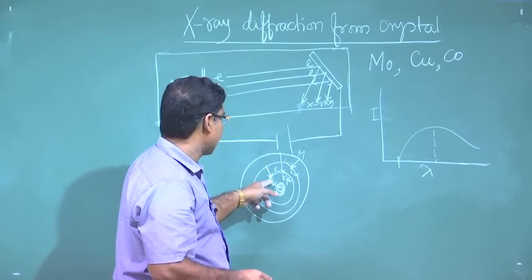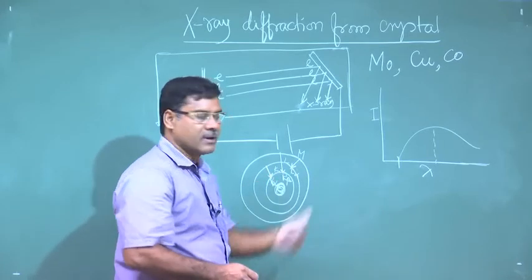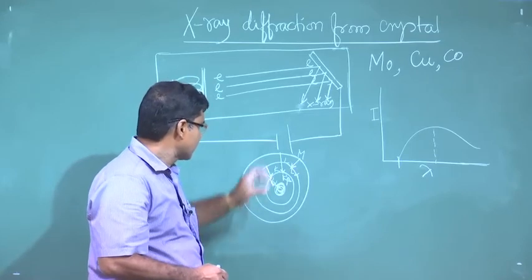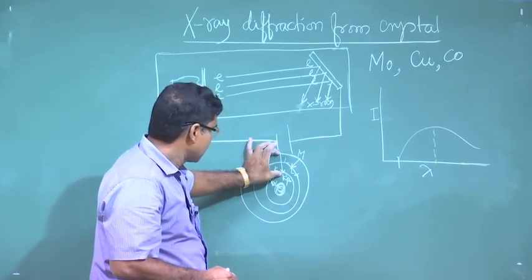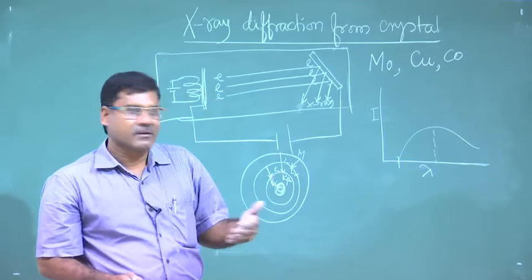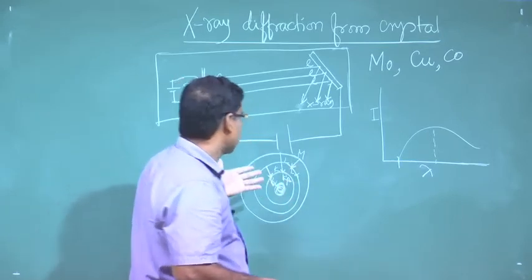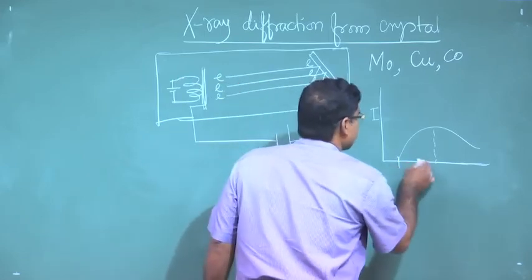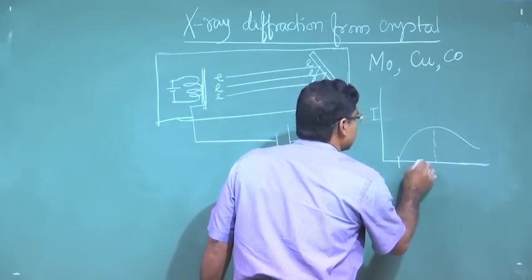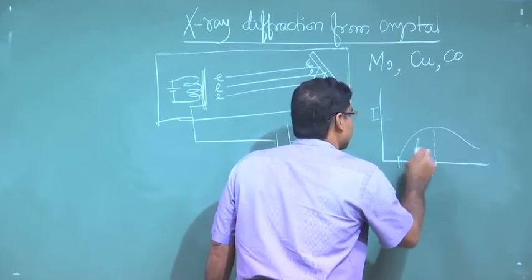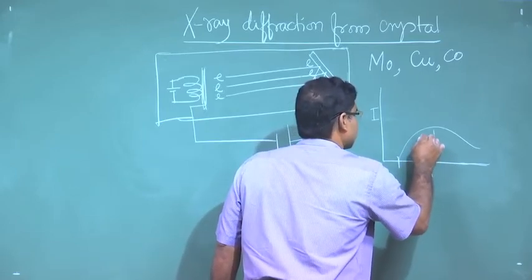It will come only from different energy levels, so its wavelength is fixed. So here you are getting this type of peak. Generally, this type of peaks you will get.